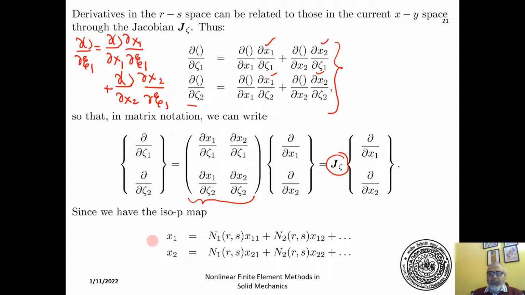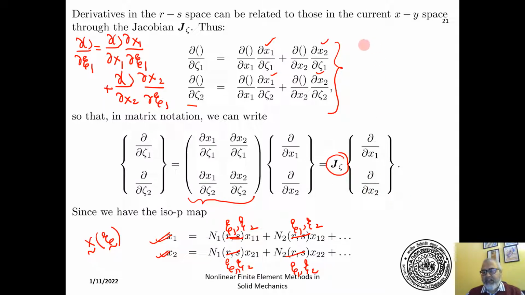And of course, we have the isoparametric map given by x of zeta in terms of the shape functions. These are zeta 1, zeta 2, I'm sorry. I'll correct it when I upload. So this is the equation xi equal to N capital I times x capital I i. This is the equation written for i equal to 1 and 2 in these two equations.